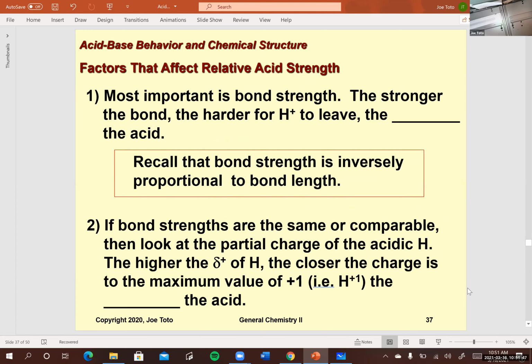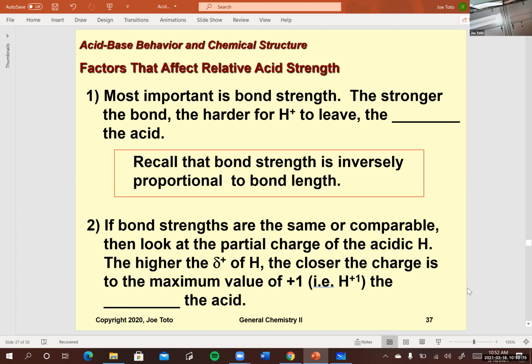All right, so I think we're almost done this chapter. The rest of the stuff here, like the next few slides, gives you one way to rank acid strengths. Actually, it gives you two ways to rank acid strengths because there's many. So in a question, you might be asked to rank this series of acids from weakest to strongest or something like that.